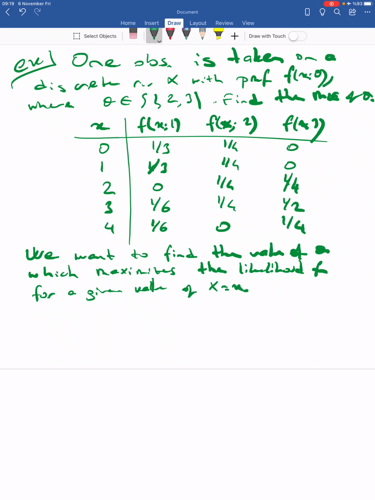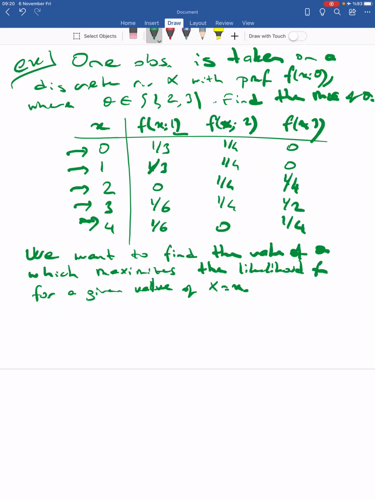We know the possible values that x can take, these 5 values, and we can see for which theta value the probability is maximum for a given x. These probabilities are basically the values of the likelihood function. When theta is 1, the likelihood values are 1 over 3, 1 over 3, 0, 1 over 6, 1 over 6.